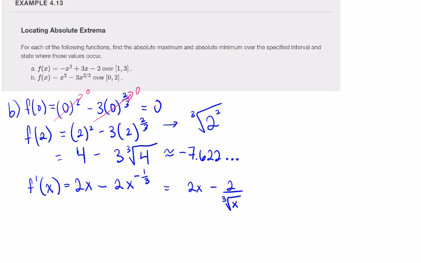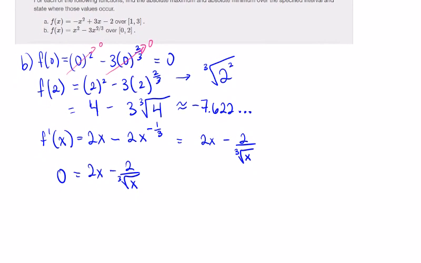All right, and if I want to set that equal to 0, I could do this a few different ways, but let's set this equal to 0. So I'm going to say 0 equals 2x minus 2 over cube root of x. Then I'll add 2 over cube root of x to both sides, so I'll end up with 2 over cube root x equals 2x.